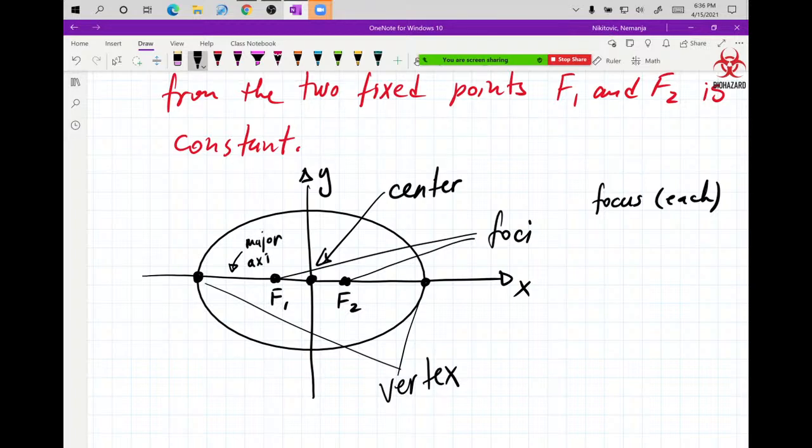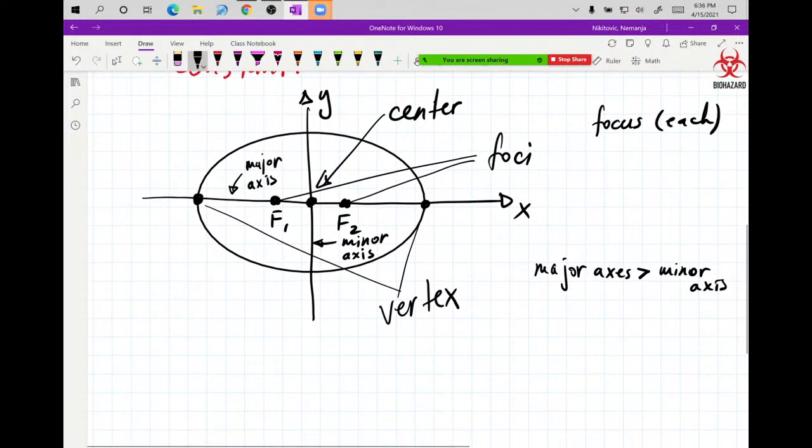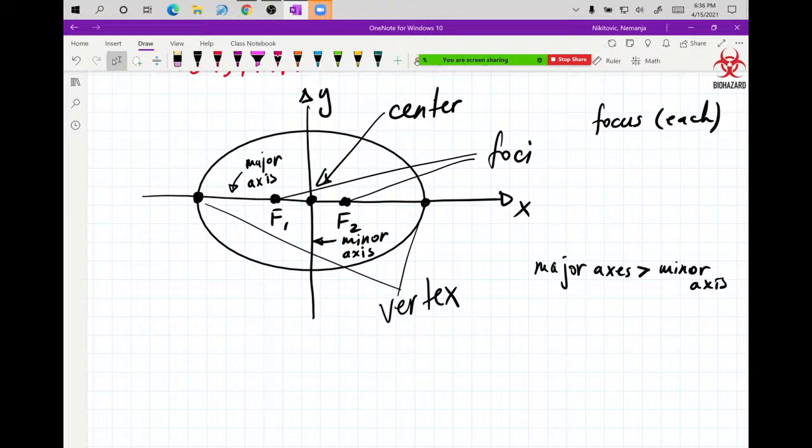Major axis and minor axis. Now, major axis is always larger than the minor axis. That should be clear from the words that are used.